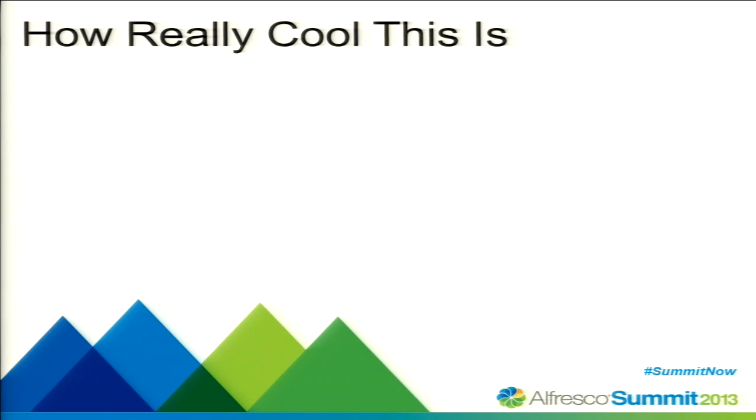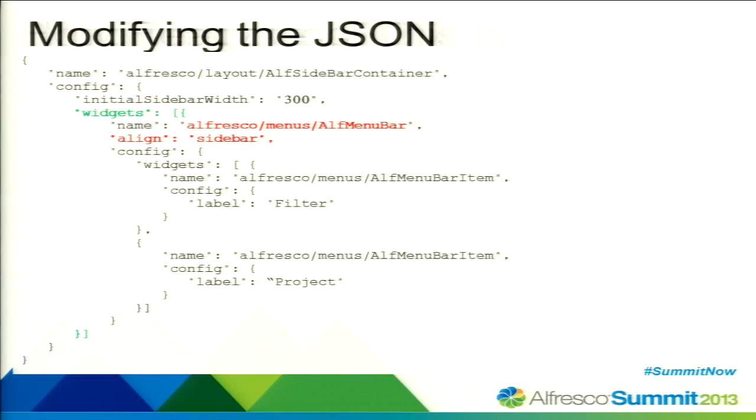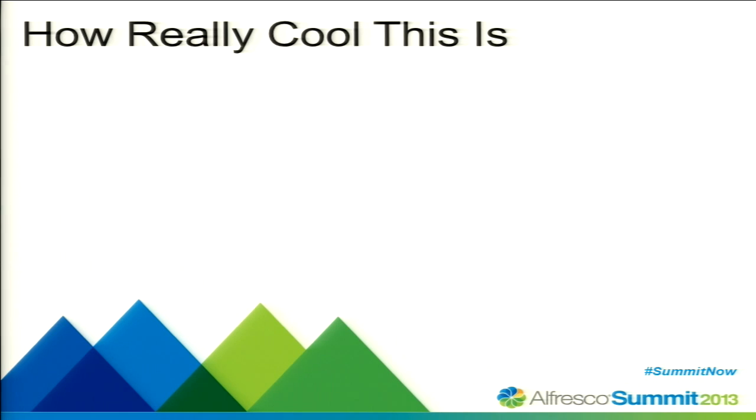And then the one thing to notice there is that there's this alignment tag there that actually puts it in the sidebar. So it's very straightforward and easy to understand the syntax of this and to figure out where things should go. So that's one of the really cool parts of this.